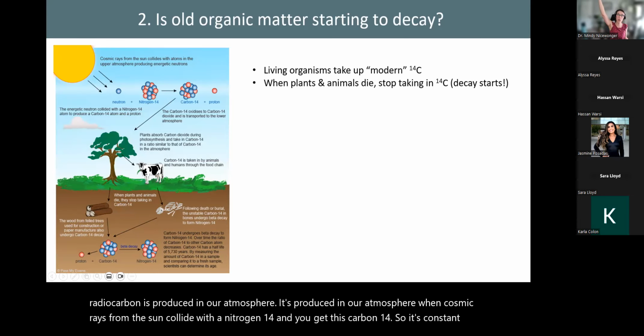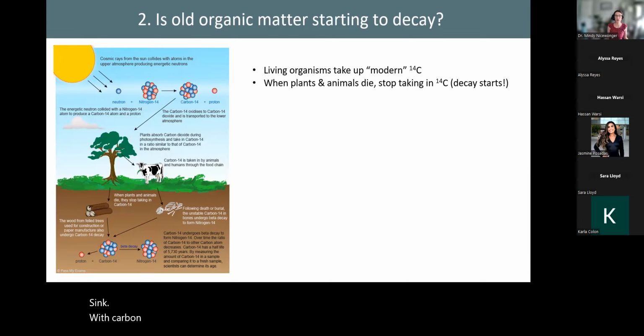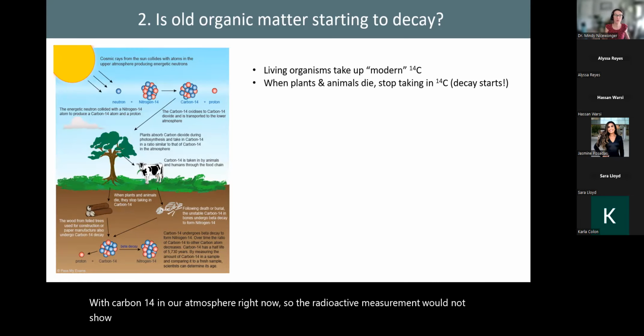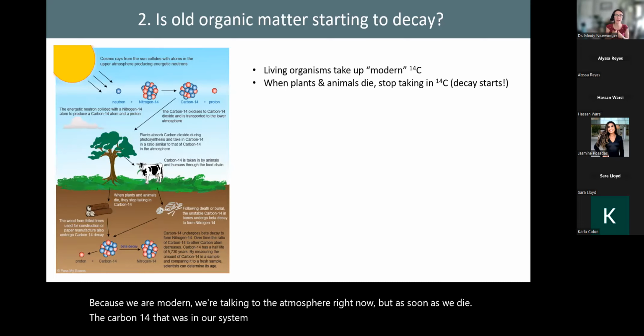We are in sync with carbon-14 in our atmosphere right now. So the radioactive measurement would not show any time because we are modern. We're talking to the atmosphere right now. But as soon as we die, we stop taking up carbon-14, and that clock starts ticking on that decay process.